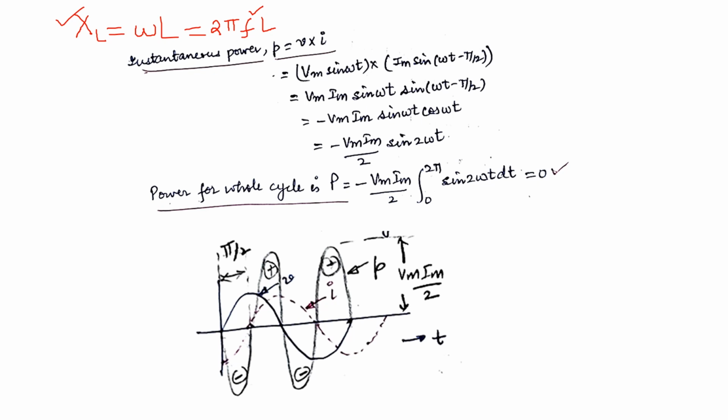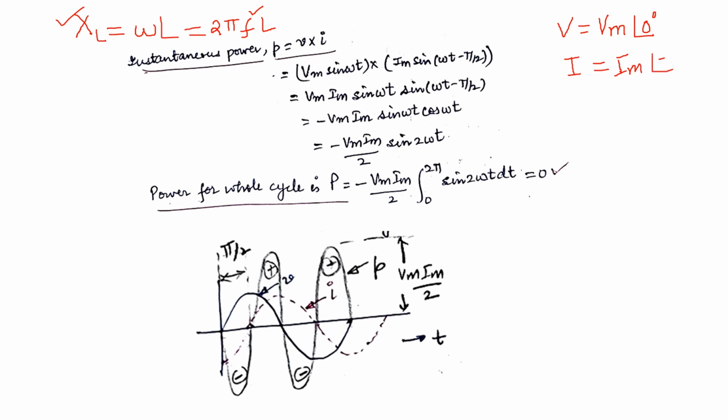Also, if we look at the expressions for V and I which we have deduced, the expression for the voltage V equal to Vm sin omega t can be written in the phasor form as V equal to Vm angle 0, and similarly I is equal to Im sin(omega t minus pi by 2) can be written in the phasor form as I equal to Im, and the angle will be pi by 2, that is 90 degrees.